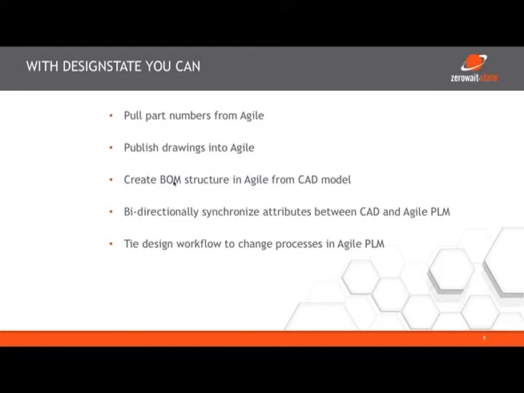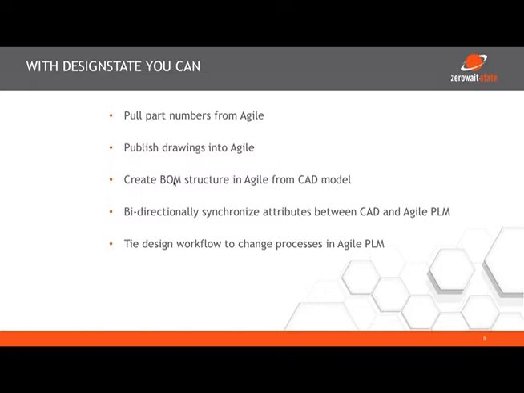So what DesignState can do for you is it can pull part numbers from an Agile PLM system when you're creating parts in your CAD tool. It can publish drawings into Agile. You can also use it to create BOM structures from your CAD model in Agile directly instead of having to type them in.